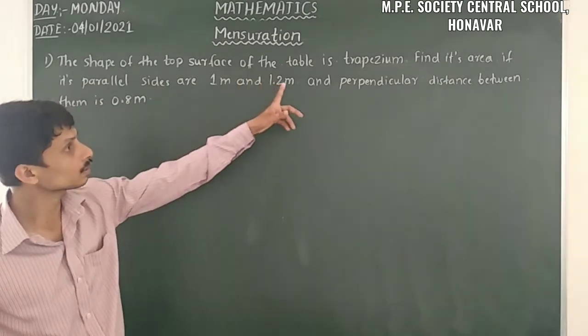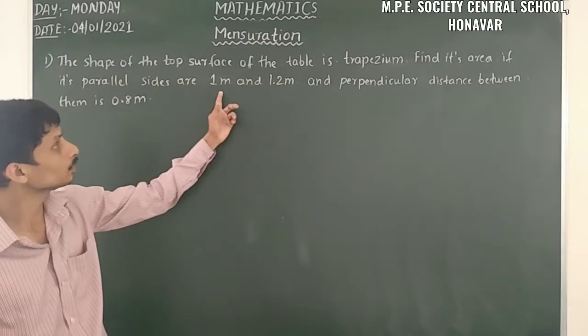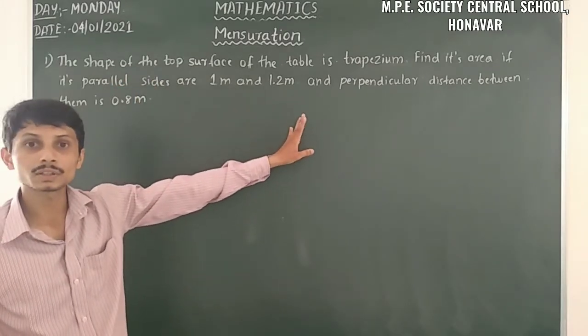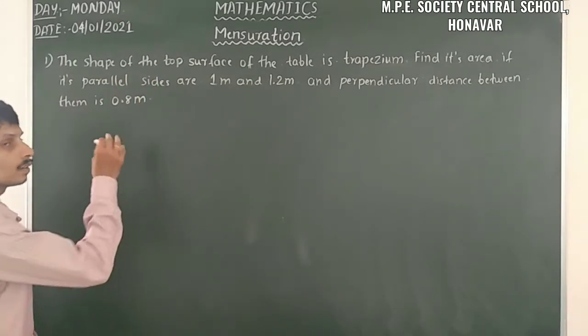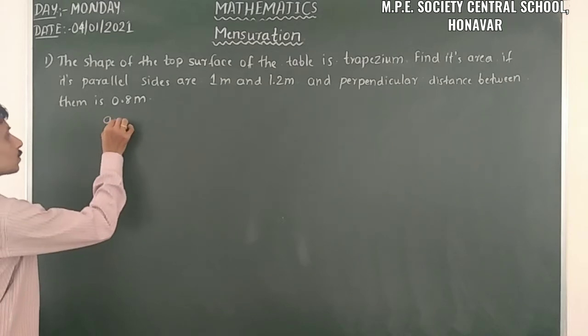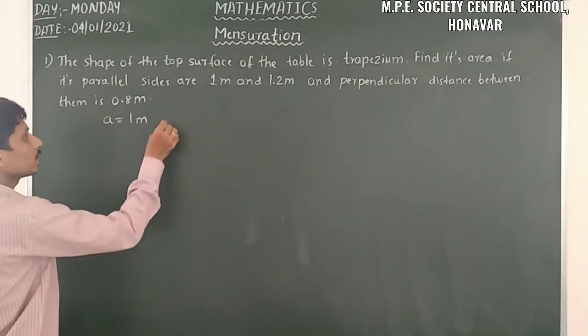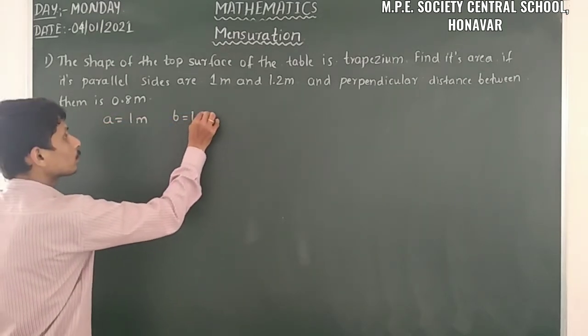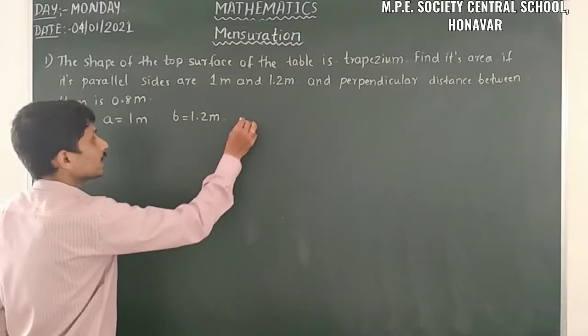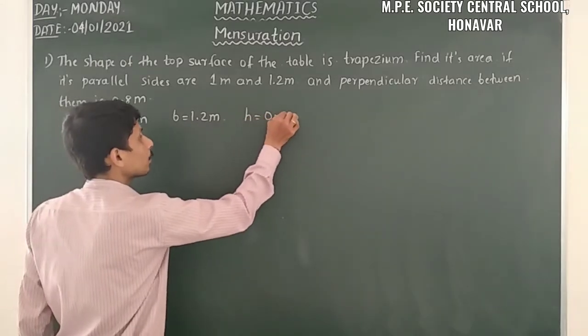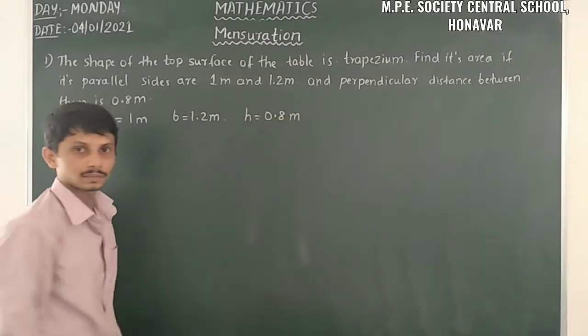First we write the given things: a is equal to 1 meter, b is equal to 1.2 meter, and h, the height, is 0.8 meter.